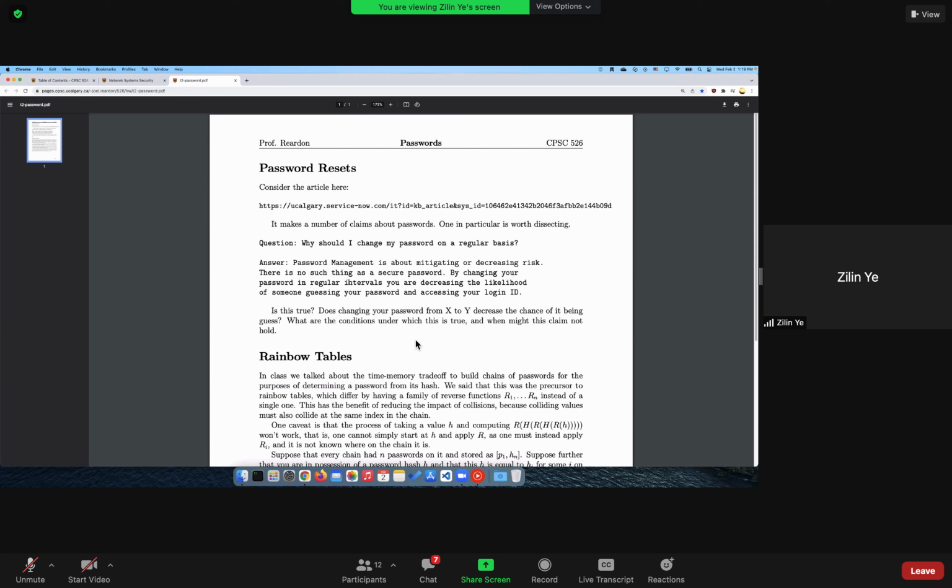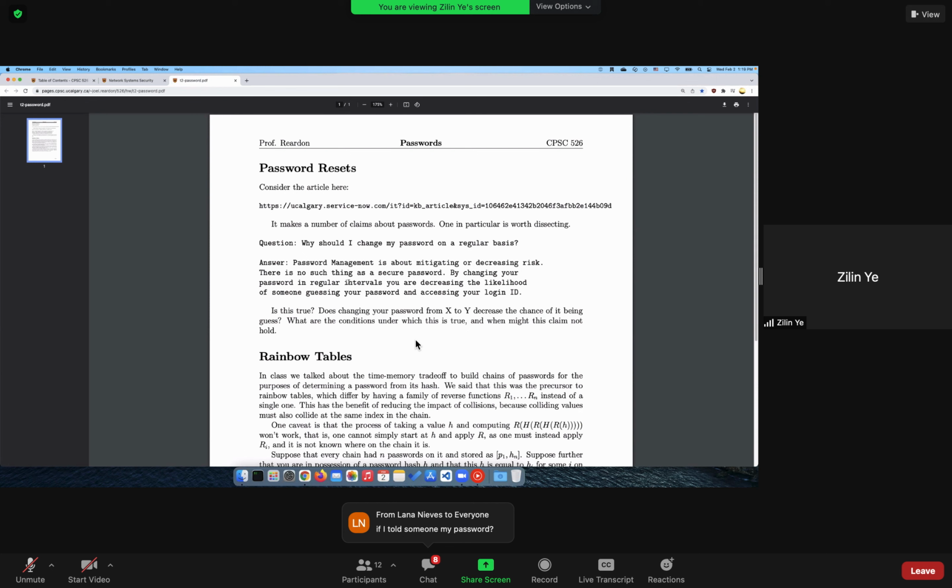What's the reason we want to change a password? Just think about that, and what are the assumptions that drive us into a password reset, and also make the password safer by doing the reset? Like, what are the assumptions?